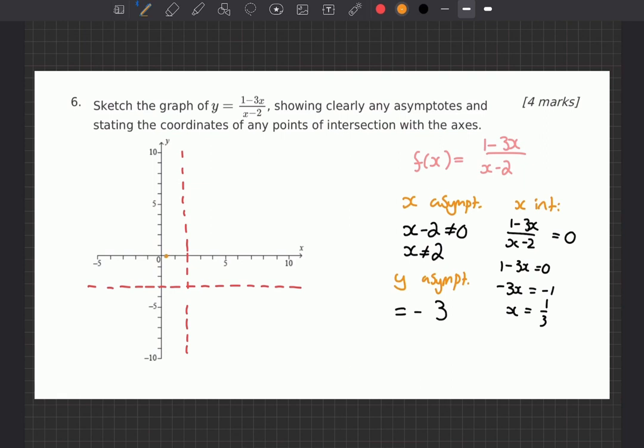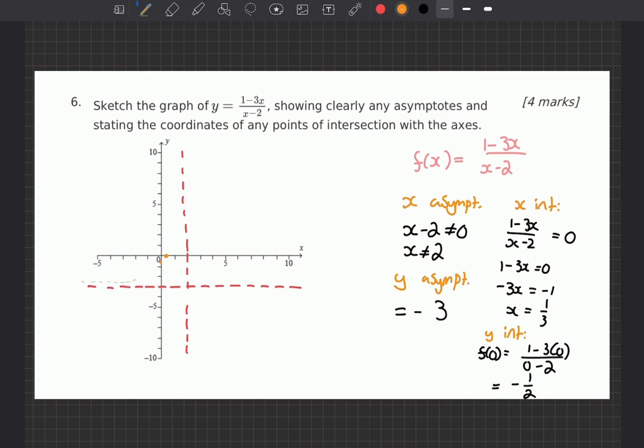That's over here. And your y-intercept is when function of 0. So it's 1 minus 3 times 0 over 0 minus 2, which equals minus a half. So minus a half. And then you just sketch the graph to match these descriptions.